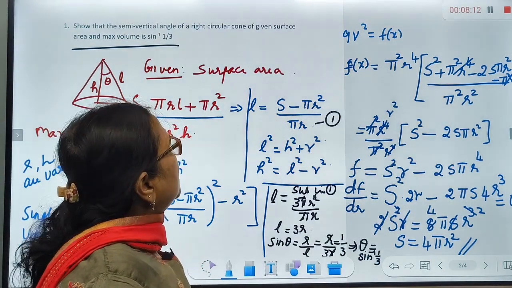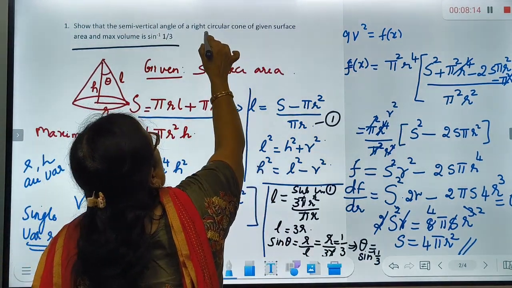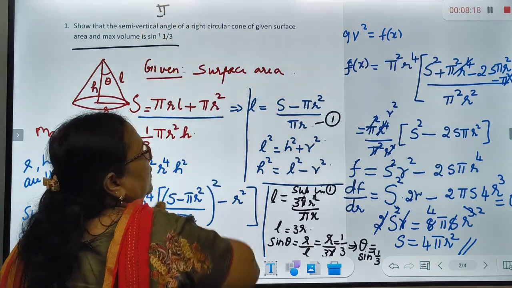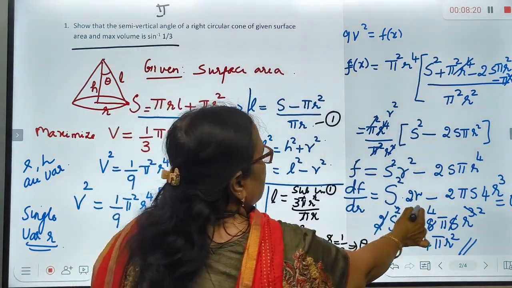So what is the conclusion test remaining? Second derivative test. So I'll do here the second derivative test. Df by dr is this.